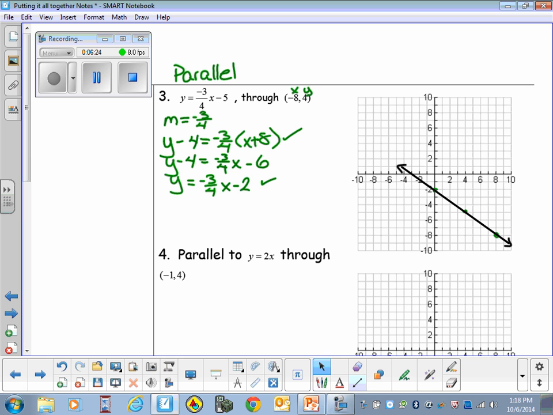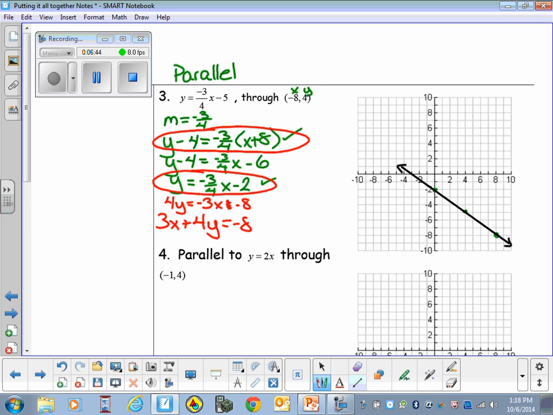Okay, and finally, for standard form, here's my point slope form, here's my slope-intercept form. I need to multiply everything by 4, so 4y equals negative 3x minus 8, and move the x to the other side, and I have all three forms of the line.